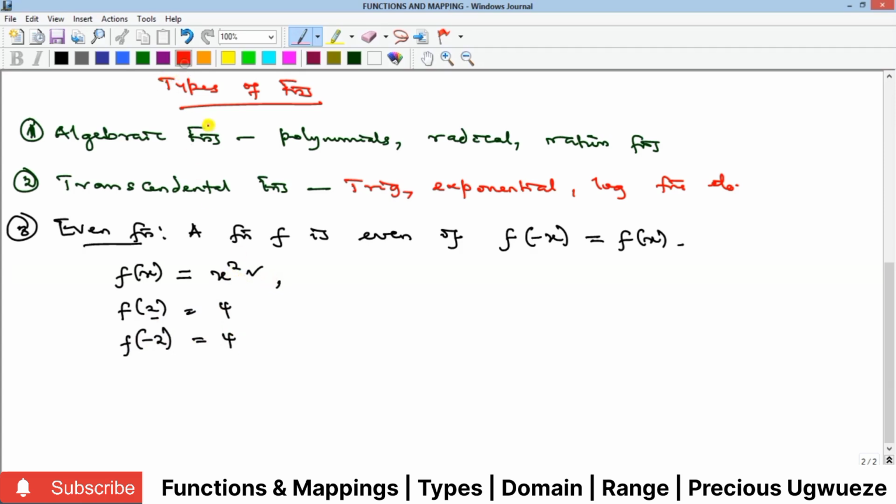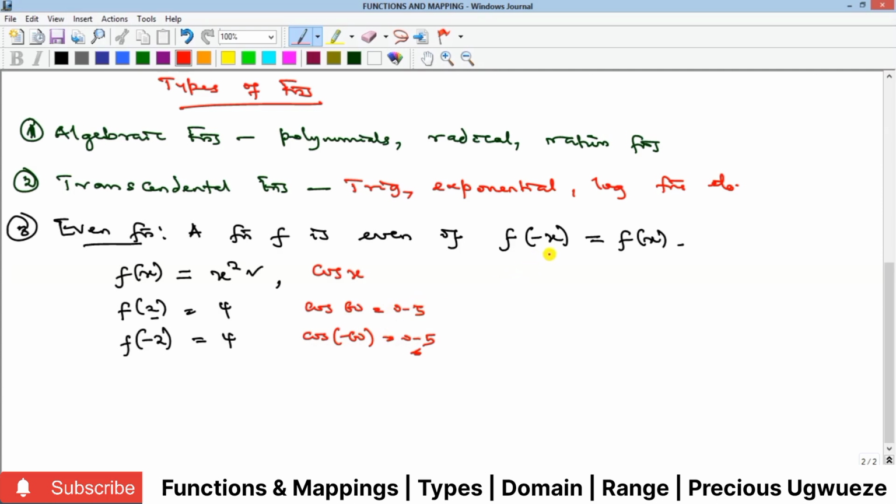Another example of an even function is cos x. If I say cos 60, I get 0.5, and if I say cos minus 60, I still get 0.5. So whether it is positive or negative, cosine returns the same value.